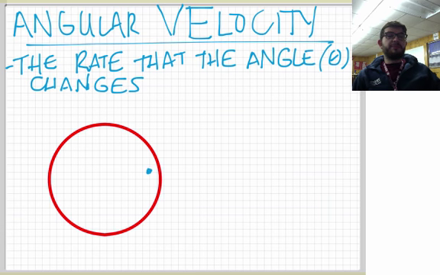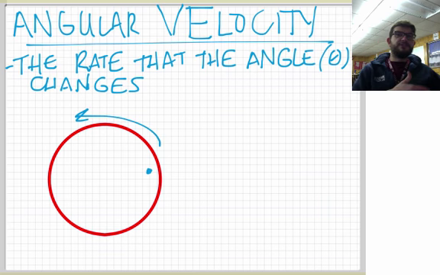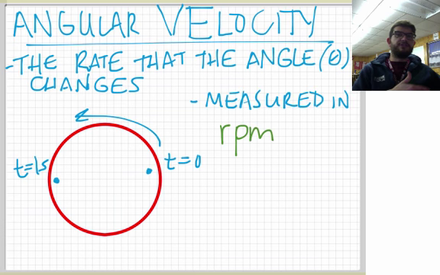So again, if I have a circle and I put a little dot on the circle so I know how it's moving, let's say that I move from this point to this point, and it takes me 1 second to move from that point to that point. That would require an angular velocity. There's a rate that I'm changing that angle. And we measure that in either RPM, which stands for revolutions per minute.